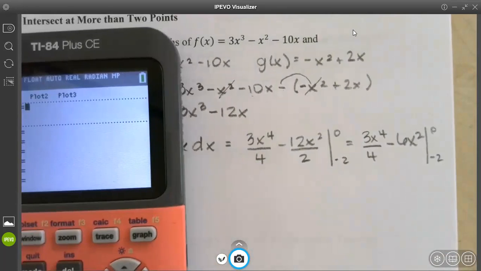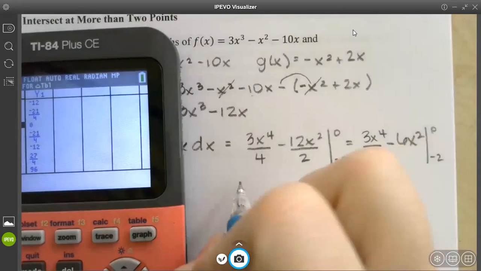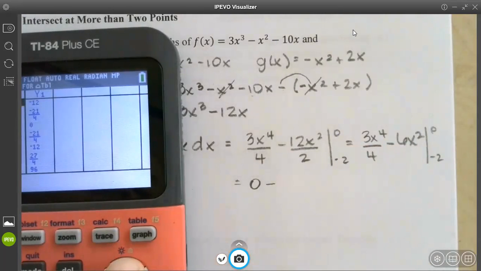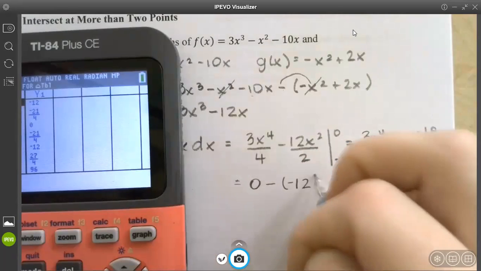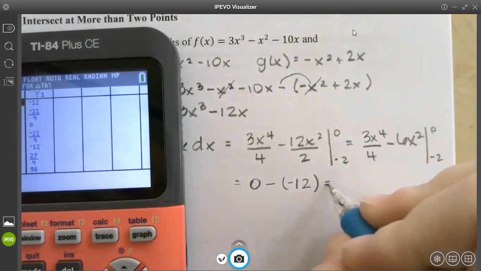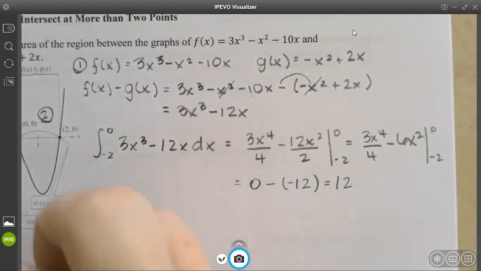I'm going to be lazy and use my calculator. 3x to the fourth over 4 minus 6x squared, and I'm looking for -2 and 0, but the first one I'm going to do is 0, minus, and then -2, which is -12. Which gives you what? +12.